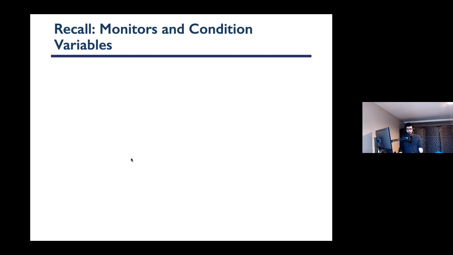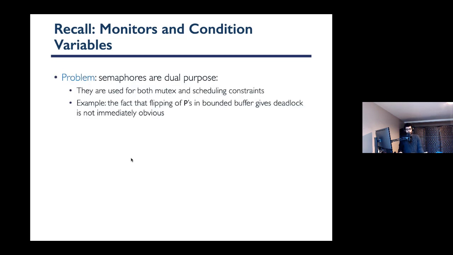As a result, what your textbook suggests, and what I actually agree with, is let's put semaphores aside and not use them at all. They're harmful. We can use monitors instead of semaphores and get the exact same thing with much clearer coding. So what is a monitor? A monitor is a bundle of a single mutex and 1 or more condition variables.